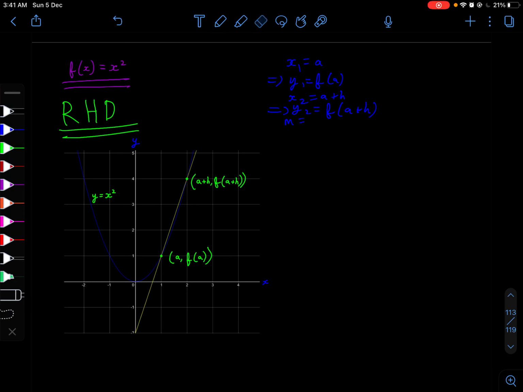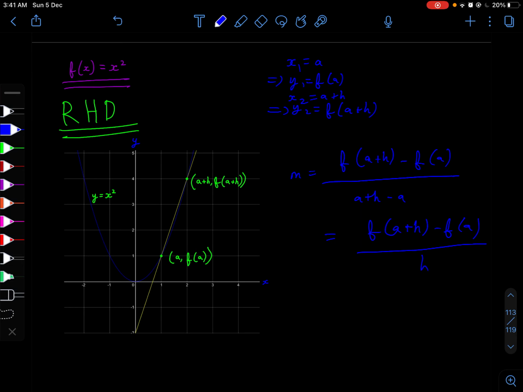Now if you substitute that into the formula for m, since it's y2 minus y1 divided by x2 minus x1, we get m equals f of a plus h minus f of a, the whole thing divided by h.